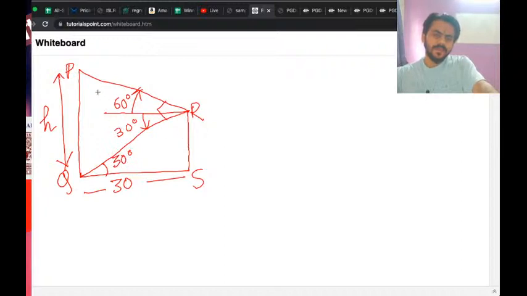So if I consider this triangle RQS, and let's say I denote this as my X, it's simply X by 30 is your tan 30 degrees.